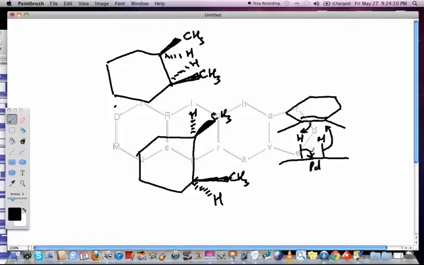And that's a breaking bond as well. All of this happens simultaneously, which allows for us in the end to have our cis addition of hydrogen to the double bond.